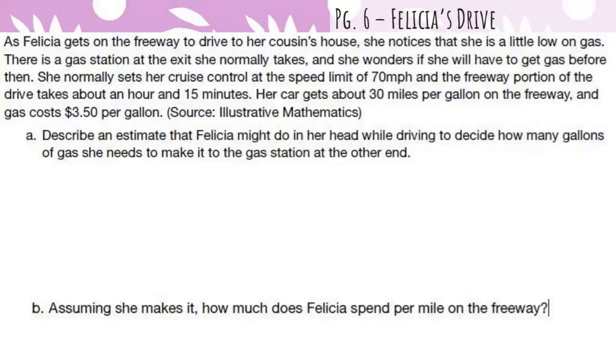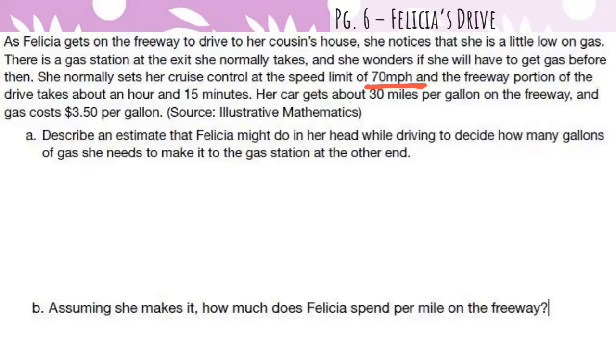As Felicia gets on the freeway to drive to her cousin's house, she notices she's a little low on gas. There is a gas station at the exit she normally takes, and she wonders if she will have to get gas before then. She normally sets her cruise control at the speed limit of 70 miles per hour. Okay, that's a number, so I'm going to underline that maybe.